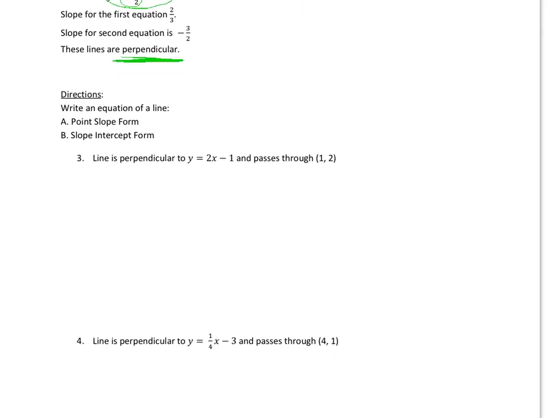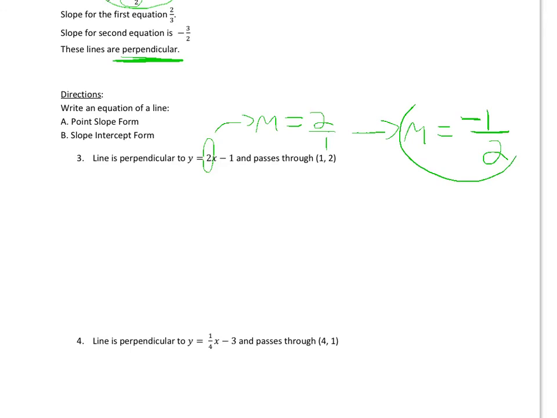Okay, let's see here. Now the slope for this line is 2. The slope of the line that I want to find that's perpendicular to it has to be the negative reciprocal of 2. Well, 2, don't forget the whole number, that's 2 over 1. So if we flip this, it's 1/2. But then I have to take the opposite of it. So it's going to be negative 1/2.